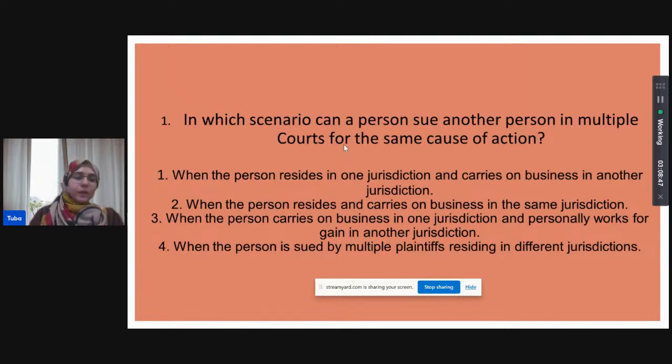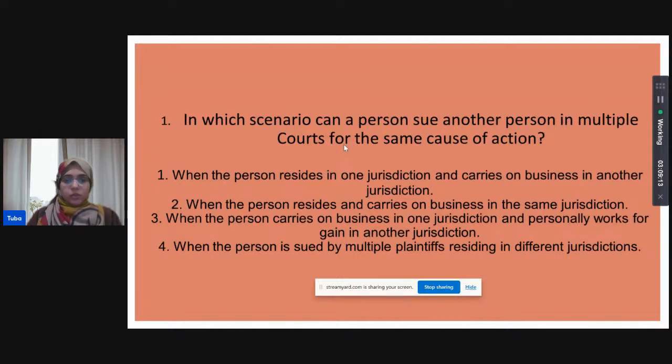So he'll be suing them in the jurisdiction where they reside and also in the jurisdiction where the business is being carried on. Or is it when the person resides and carries on business in the same jurisdiction? Or is it when the person carries on business in one jurisdiction and personally works for gain in another jurisdiction?